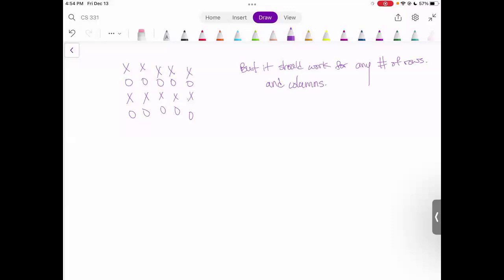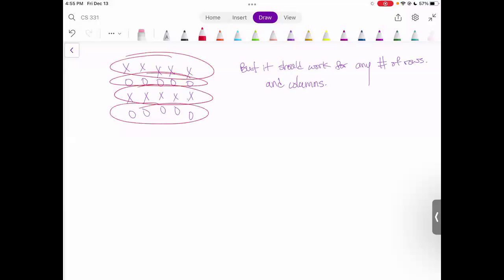So what we do is this. Look at the pattern here. What do you see? Alternating rows. Rows alternate between X's and O's, right?